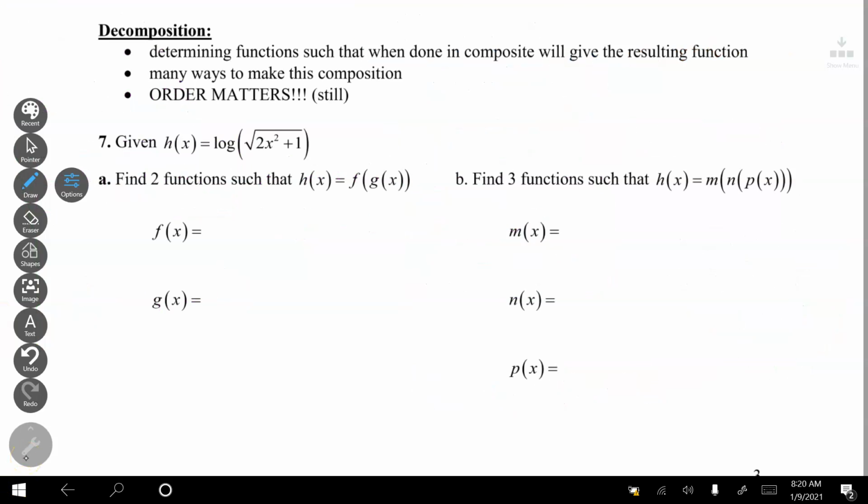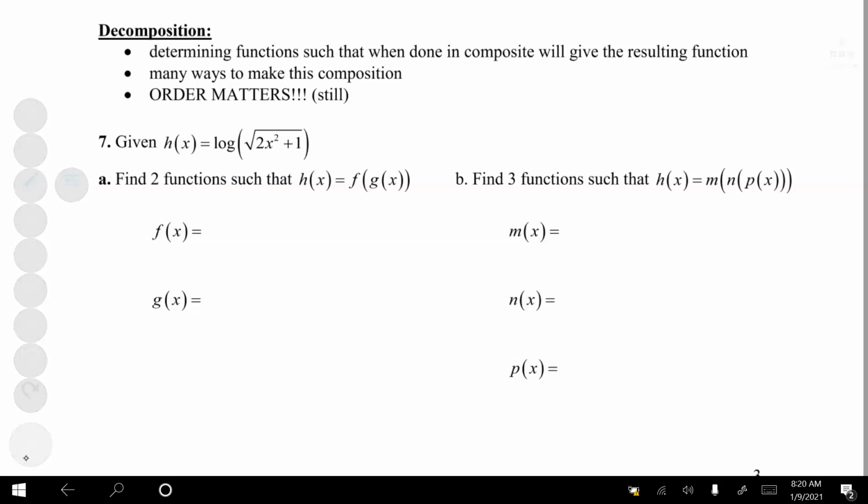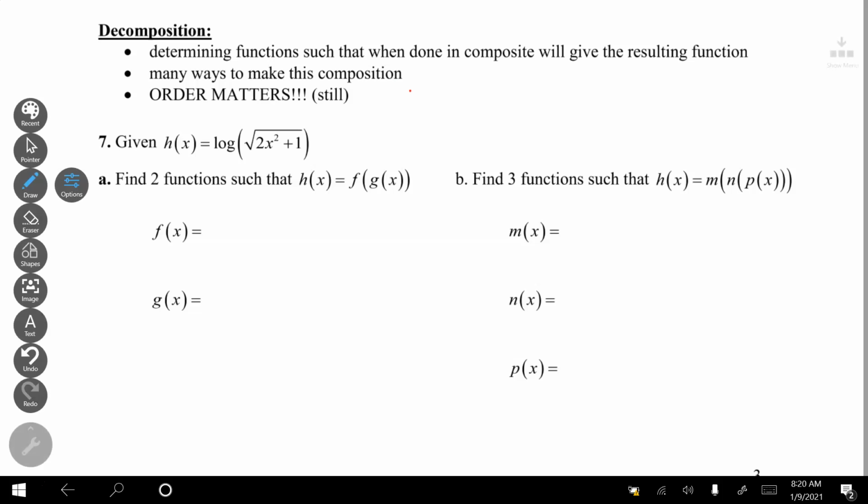So for the last problem, I'm doing decomposition. I'm trying to figure out what functions I have to put together in a composition to get the final result that I want. And order does matter. So again, it's kind of like working in reverse.